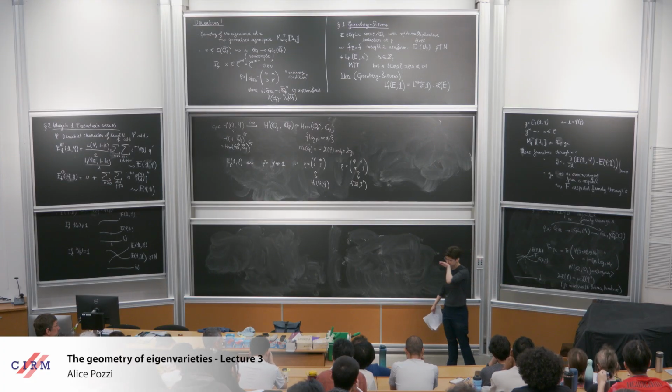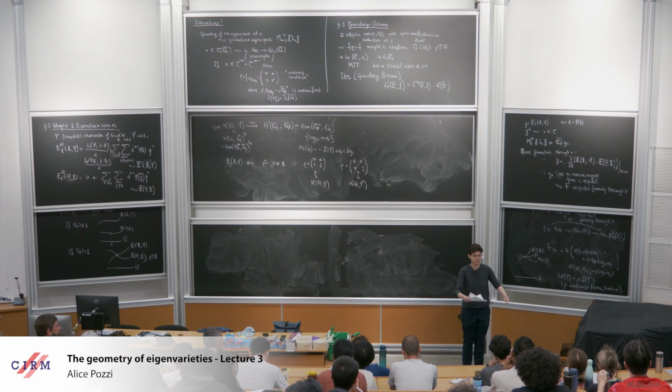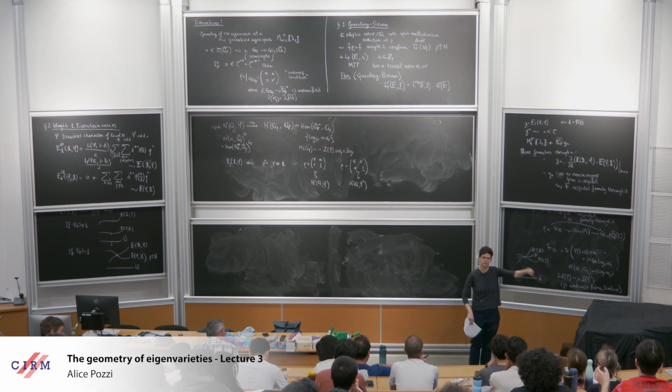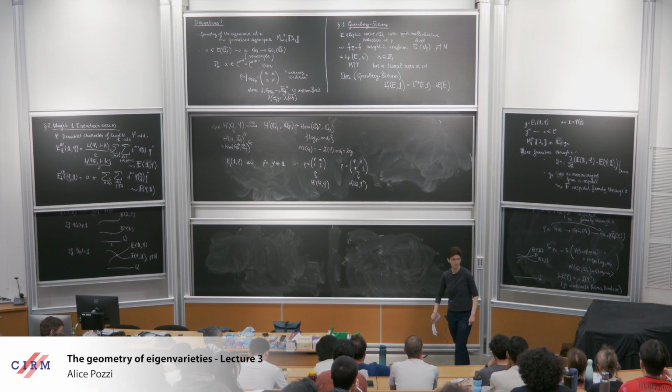And similar statements about the properties of the resulting eigencurve, called the cuspidal eigencurve, would work in that setting, which would tell us that we cannot have isolated cuspidal points. So if I have a point on this cuspidal eigencurve, I need to have a family through it.